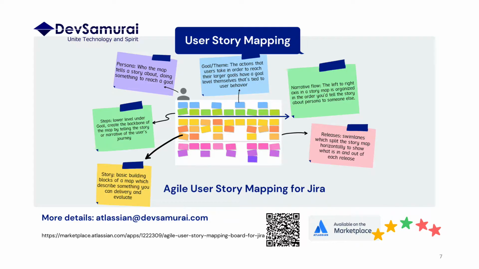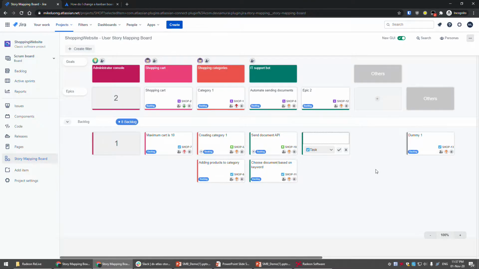In order to demonstrate a user story mapping board, I will use this plugin here, Agile User Story Mapping for Jira. This plugin will help you to easily do your story mapping. Okay, so this is a story mapping board.